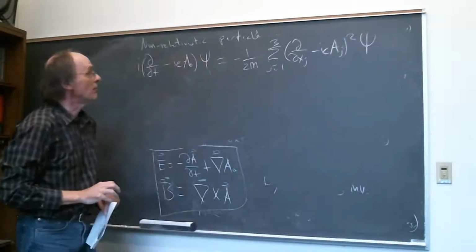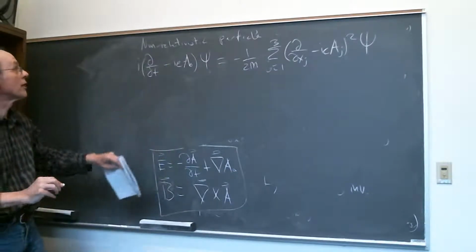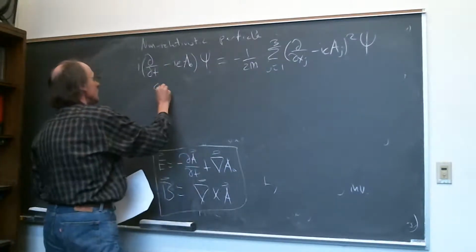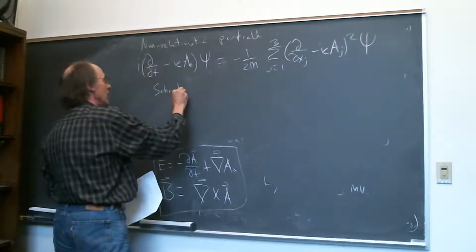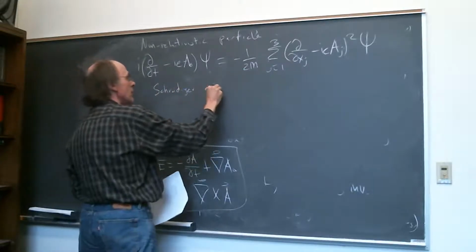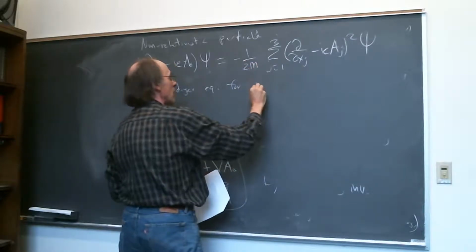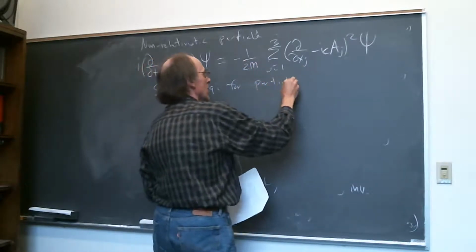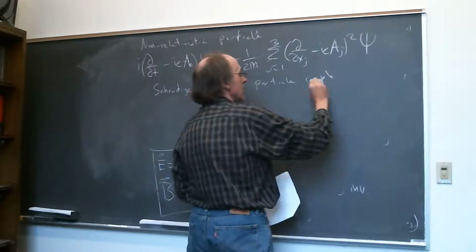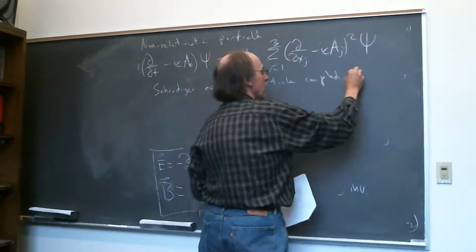So anyway, this is the Schrödinger equation for a particle coupled to a background field.